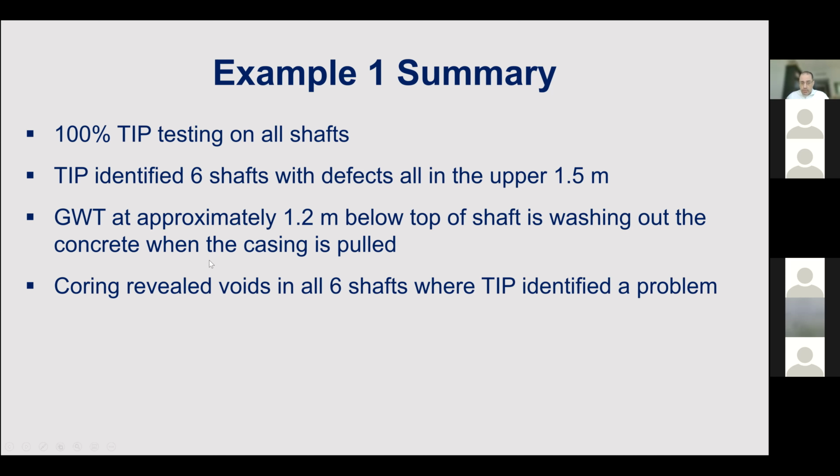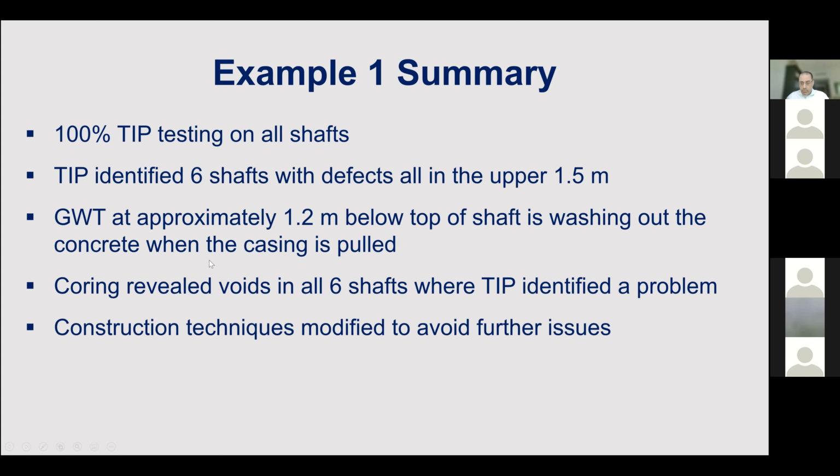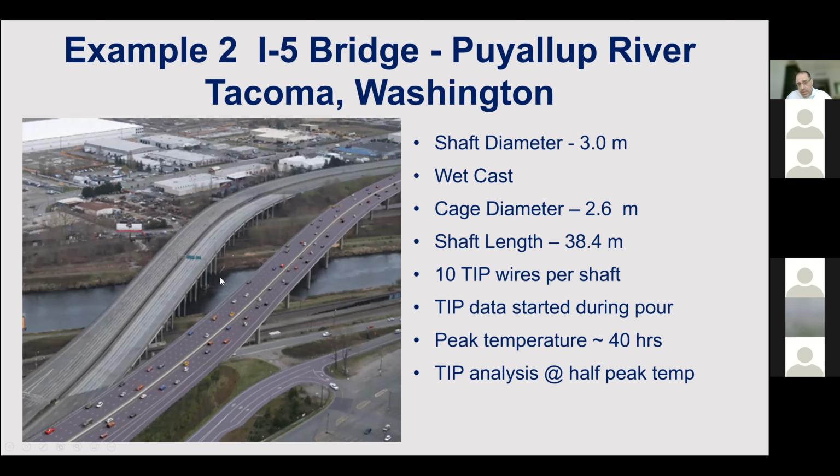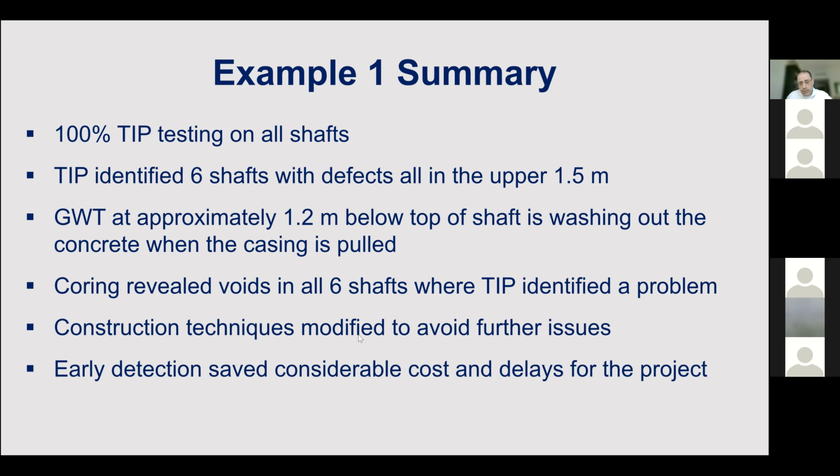The concrete cores confirmed the problem, and the construction techniques were modified to avoid further issues. So in summary, the early detection saved considerable cost, time, and delays for the project.